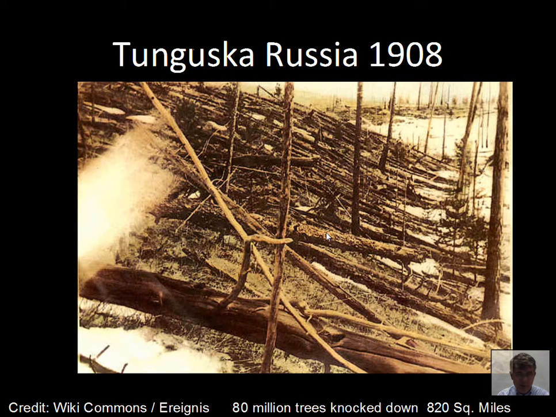In 2008, there was a dramatic impact in Siberia, and it's estimated that 80 million trees were knocked over from the explosion, over an area of 820 square miles. That's a little bit under 30 miles on a side if it's a square. A big event. It created barometric pressure changes that were observed in England, where this event occurred in Siberia.